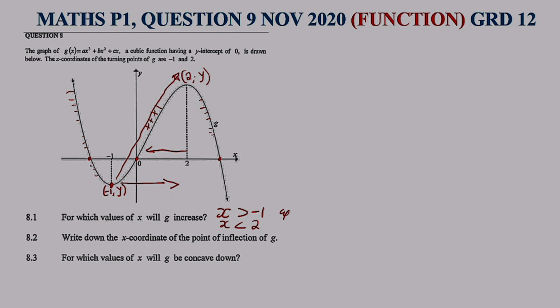Okay, 8.2, it's saying write down the x coordinate of the point of inflection. Okay, point of inflection, remember, we get it when the second derivative is equal to 0. So in this case, you won't be able to do that because now you're not given the equation. But let me just put it here because I need to give you guys some tips on this one.